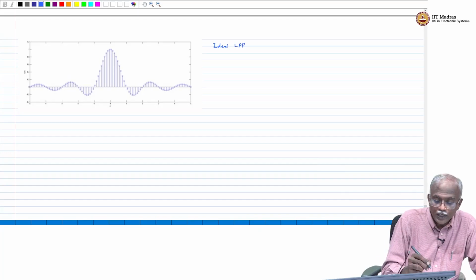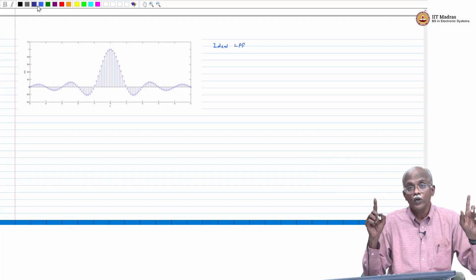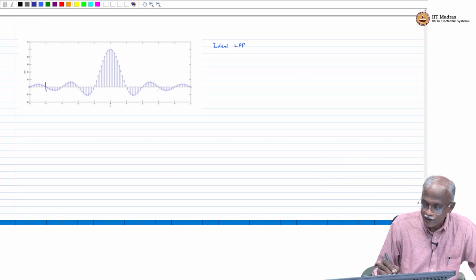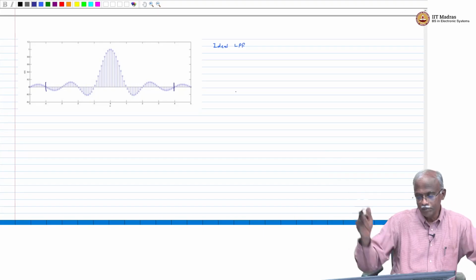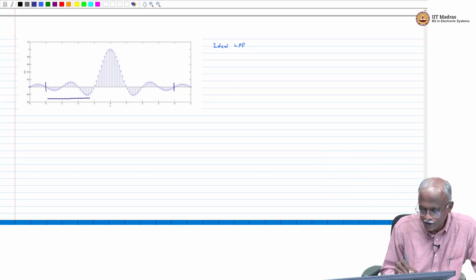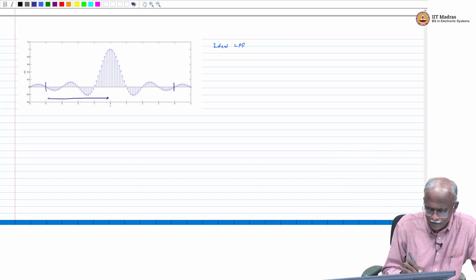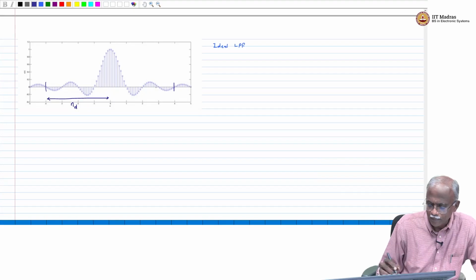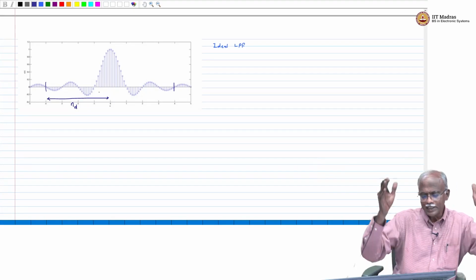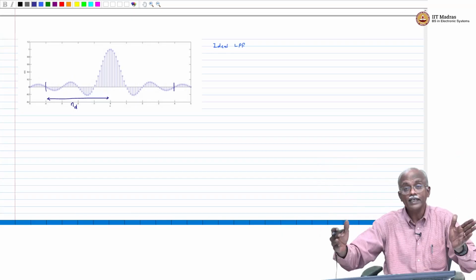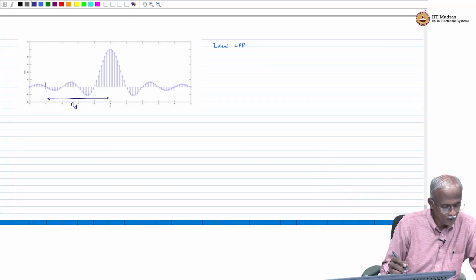Now, what we can do to implement a low pass filter is truncate this impulse response to some number of samples. Let us say that the number of samples from 0 to here is equal to ND. So from minus ND to plus ND, I have truncated my impulse response.